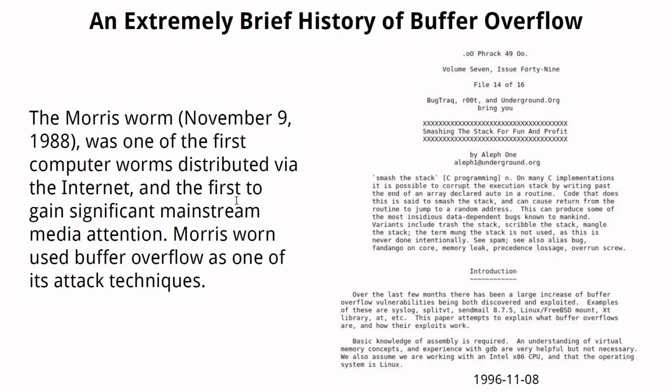Okay. Then back in 1996, someone using a pseudonym, Aleph One, published an article titled Smashing the Stack for Fun and Profit. And this article was published in Phrack, which is an underground hacking magazine. This magazine actually still exists. So some hackers still publish there.